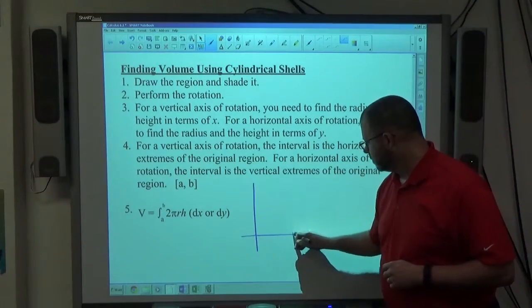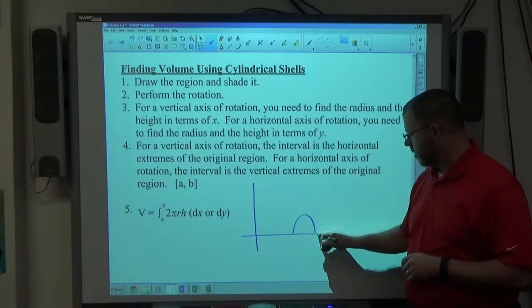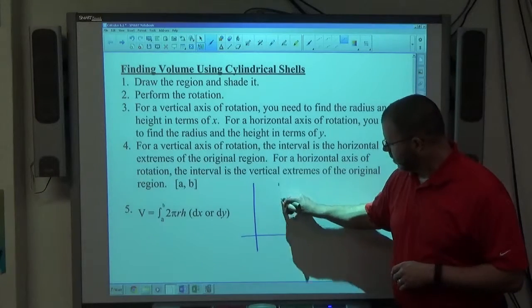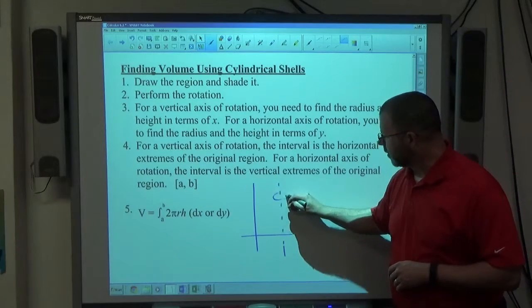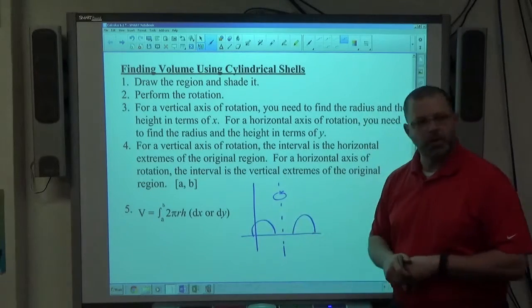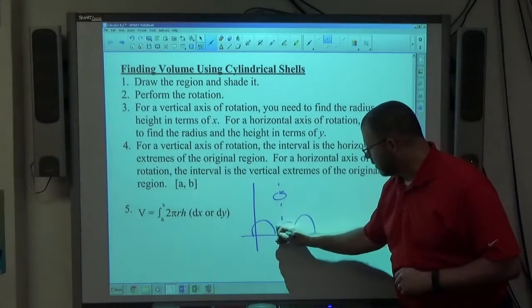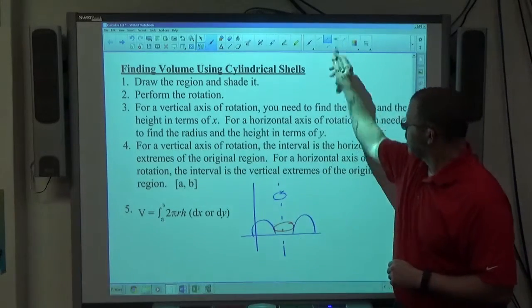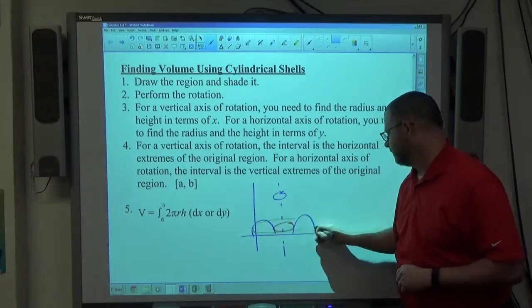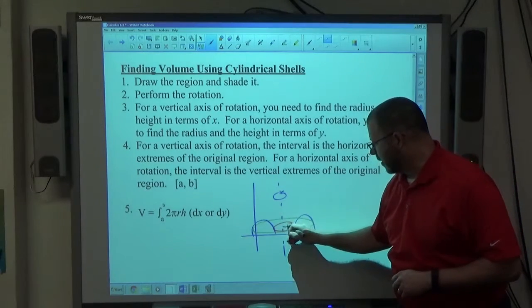And the reason the cylindrical shell method is even necessary is, suppose you have a graph that looks like, I don't know, something like this. And you're rotating it, let's put a vertical line here that we're rotating it around. And then its rotational thing is going to be over here somewhere, right? If I were to do an inside radius and an outside radius for this thing, this is going to be the inside radius.